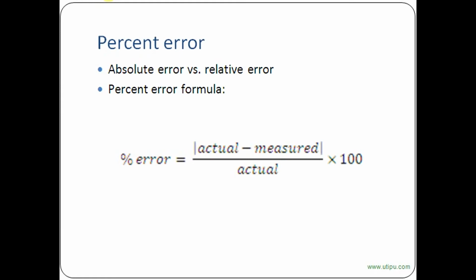Percent error is equal to the absolute value, so we see our little absolute value signs on both sides, of the actual value, what it really is, minus the measured value, what you measured, divided by the actual.